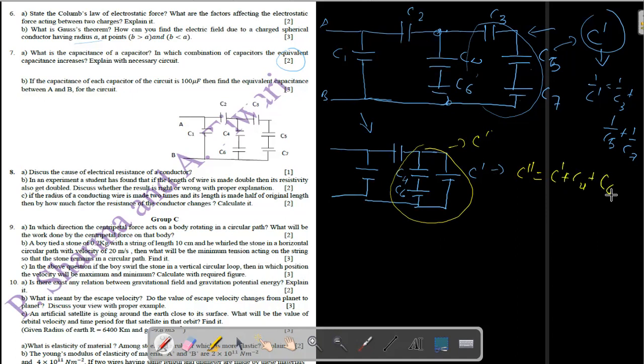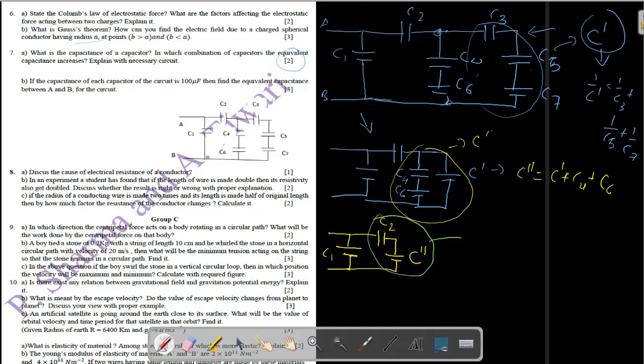On further solving this, we'll get a single capacitor which has the capacitance C double dash. This is C2 and this is C1. Now, if you see here, C2 and C double dash are again in series combination.